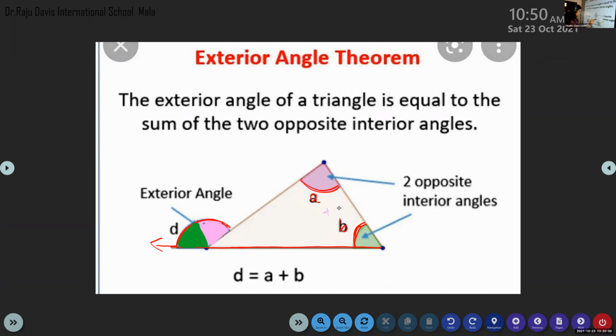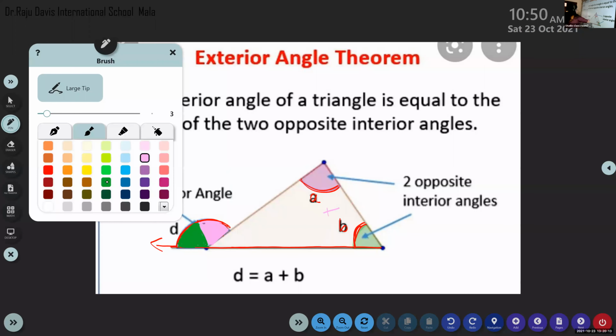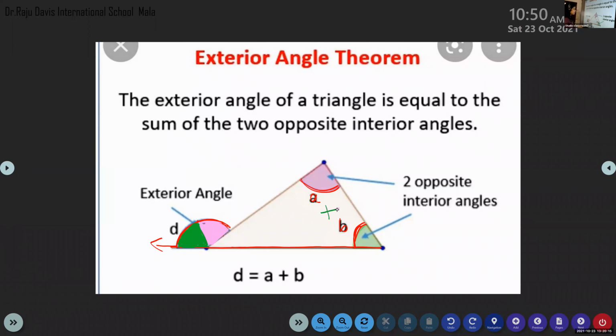So A plus B is equal to D, isn't it? Here, the exterior angle is marked as D. So A plus B will be equal to D, the exterior angle.